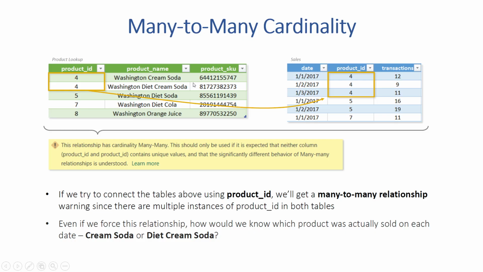If you try to connect the tables using the product ID, we'll get a many to many relationship warning like this, since there are multiple instances of the product ID in both tables. Even when facing a relationship issue like this, how do we know which product was actually sold in each table? Because both are the same. That is the many to many cardinality, and that is not good.